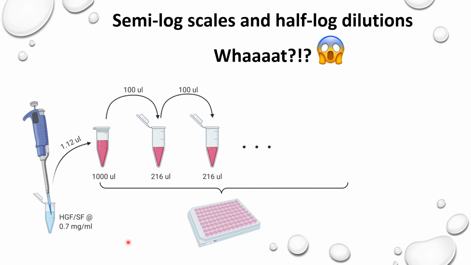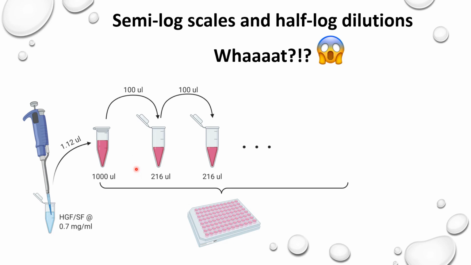So how we're going to do that, we go again back to our HDFSF stock at 0.7 mg per ml, and we just calculated in the slide before that we have to take 1.12 microliters, a tiny volume, into our first tube, which contains 1000 microliters, in other words 1 ml of medium. We mix well, and then we take 100 microliters, which we add to a volume of 260 microliters of just medium.